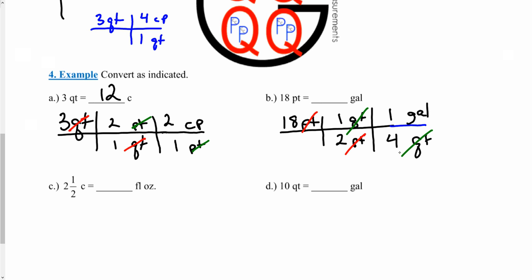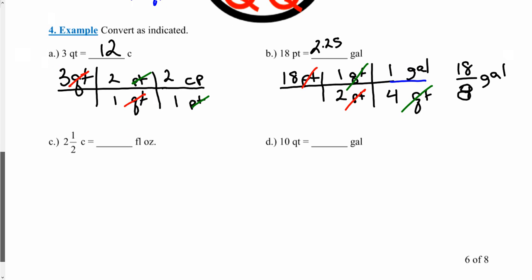And here I've got 18 divided by 4 gallons. Oh no, it's not 4, it's 8. There we go. Okay, so 18 on top, 2 times 4 is 8 on bottom. 18 divided by 8 is 2.25. So 18 pints is 2.25 gallons.